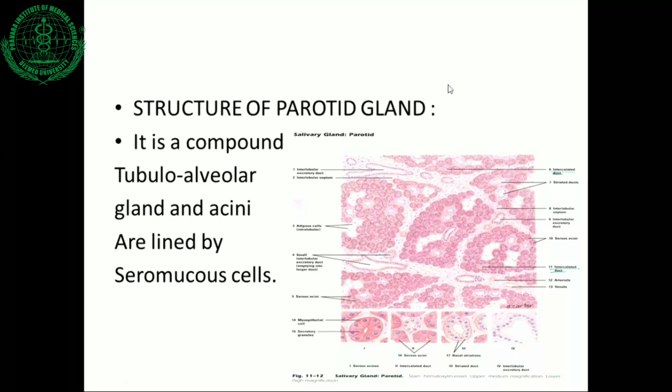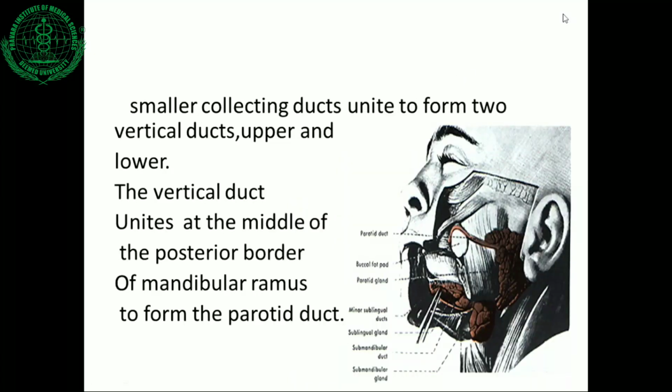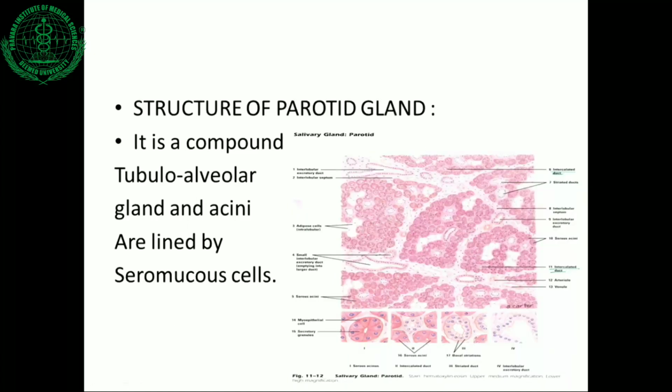Then after this, the processes of the parotid gland. Now regarding the structure of the parotid gland. Already I have mentioned that the parotid gland is a serous type of salivary gland, and this gland is a compound tubuloalveolar gland consisting of a large number of serous acini.